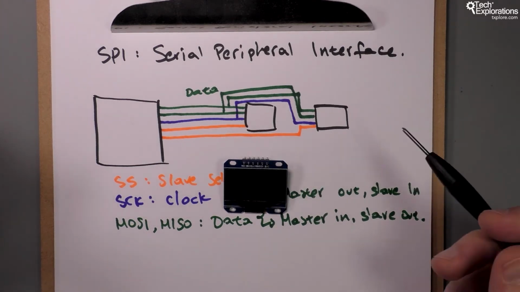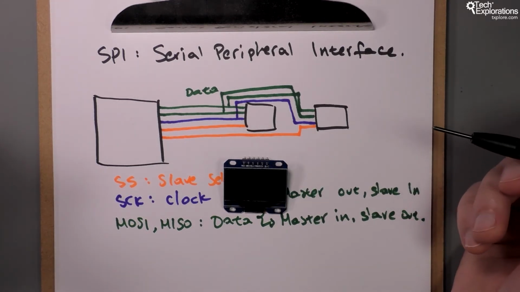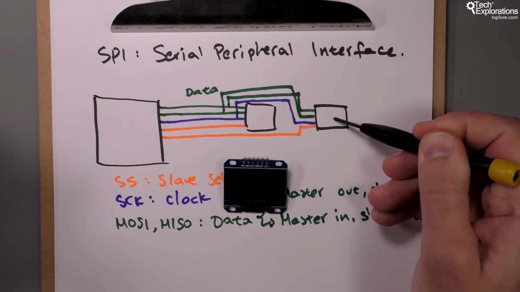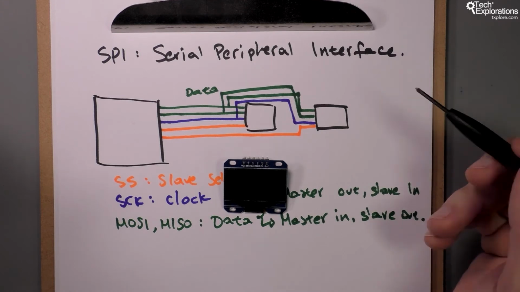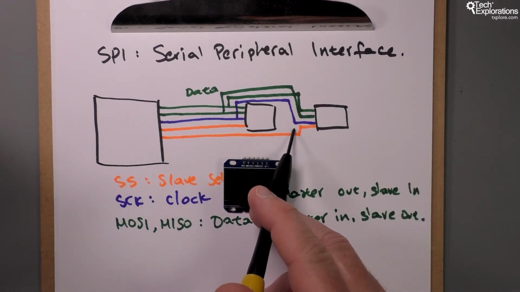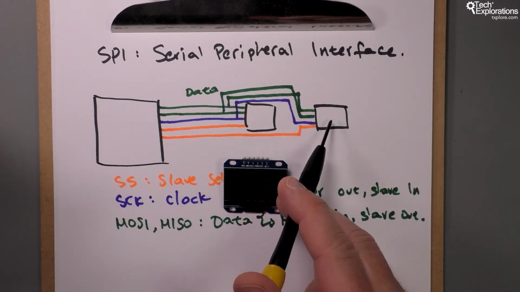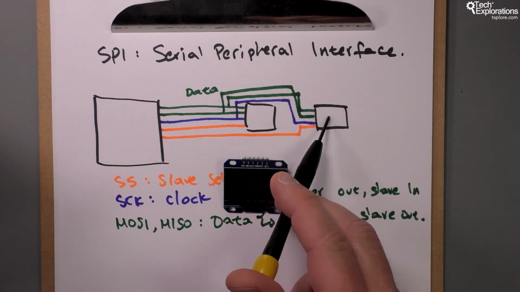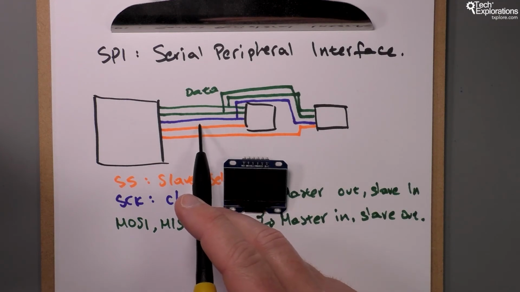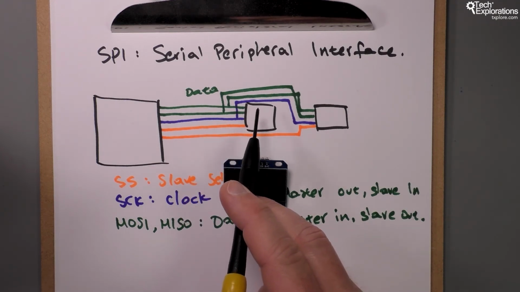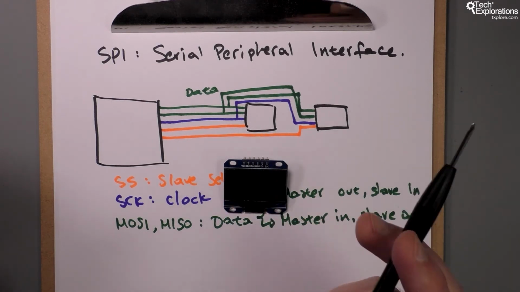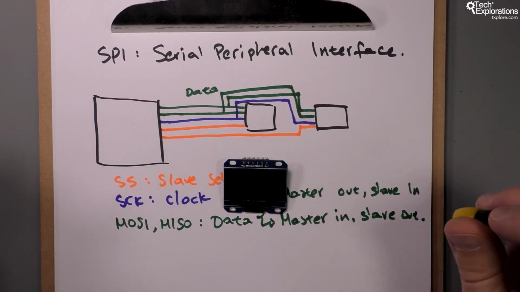If you want to write a new reading from a sensor to your SD card, this device here, then you do the opposite. You will bring this orange line up to high in order to enable this device and take over its SPI channel, and then you need to take all the other orange lines to low in order to disable them and disable their SPI interfaces.